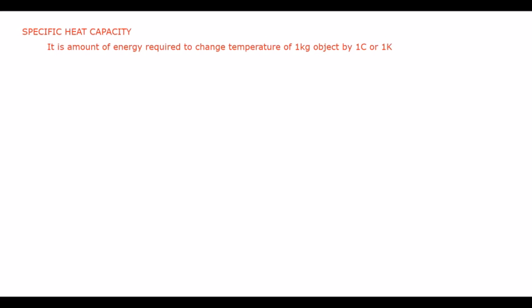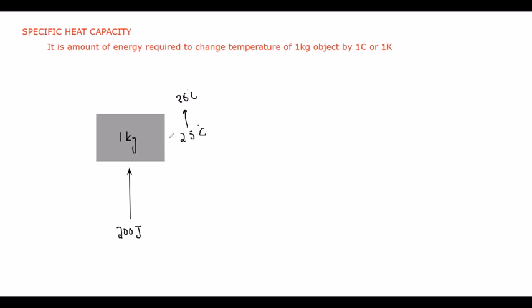Like if you have a 1 kg object and you are supplying energy, say you supply energy of 200 joules, and the temperature of this object changes from 25 degrees centigrade to 26 degrees centigrade.